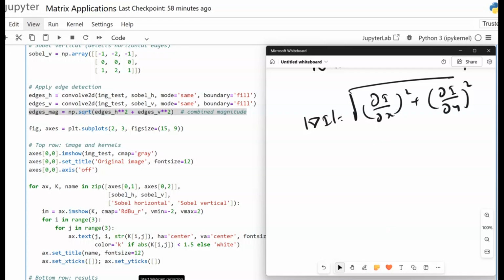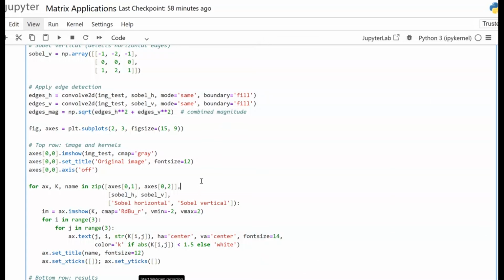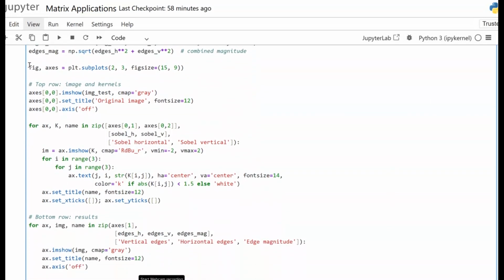Now let me show the visualization. Kindly observe the differences. The first one is the original image, which shows the shapes and gradient.